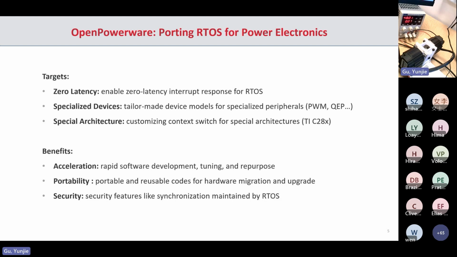We have selected RT-Thread for the first try because of the fantastic ecosystem and community of RT-Thread. In this presentation, I'm going to introduce our recent effort in porting RT-Thread to make it suitable for electronic control.